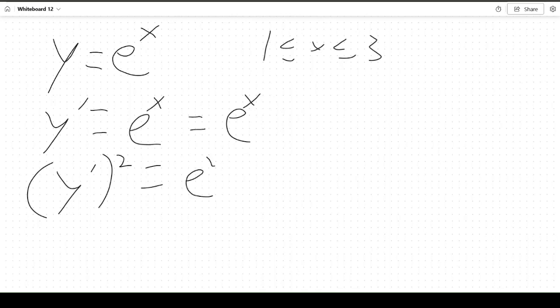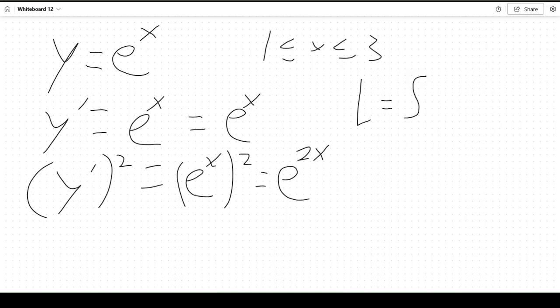So when you square e to the power of x, you're going to be left with e^(2x). Since the x is already in the exponent, we're just multiplying the 2 into the x. And once we have our derivative squared, we can just plug it back.